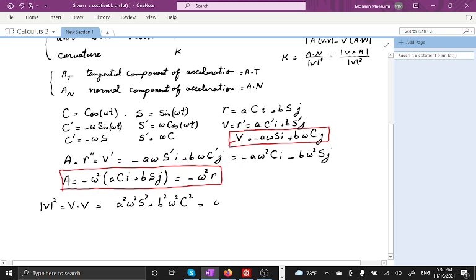So if you wish to clean up again, omega squared can be separated out, a squared S squared plus b squared C squared. Just remember again, S represents sine of omega t, C represents cosine of omega t, so that's an abbreviation for that. So if I want the speed itself, here was my velocity, here's my acceleration, here's my speed.